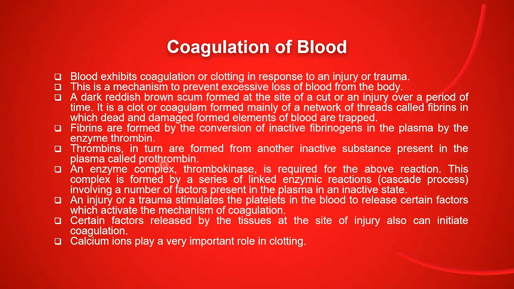So prothrombin forms thrombin, which activates fibrinogen into fibrin. Fibrin are thread-like structures that trap and seal the injured part. Certain factors released at the tissue at the site of injury can also initiate coagulation. Calcium ions play a very important role in clotting.